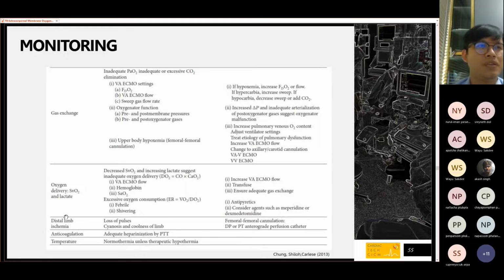Another thing that is used more in current practice is that distal limb perfusion, or distal limb ischemia, should be observed every hour. Imagine if you access the femoral artery, it provides blood to the patient, right? But on the other side it obstructs the blood going to your toe, your foot.